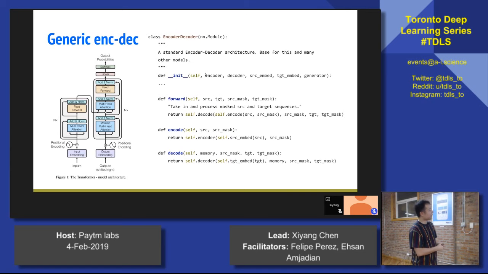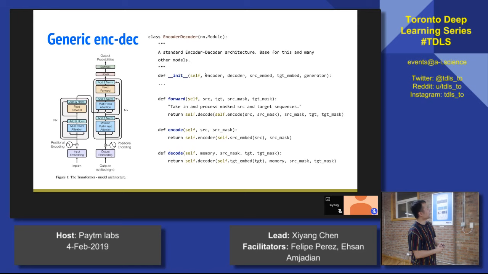But in the forward, usually a few parts get passed in. Essentially what is happening here is you call the encoder, which processes the source, which corresponds to this part, along with a source mask, which we'll talk about in a little bit.